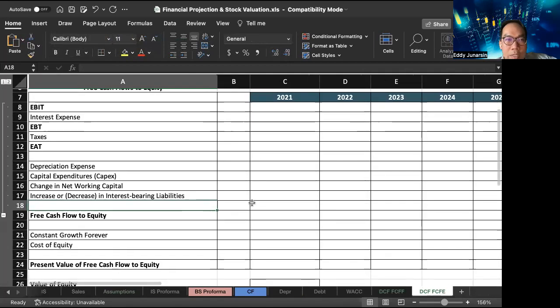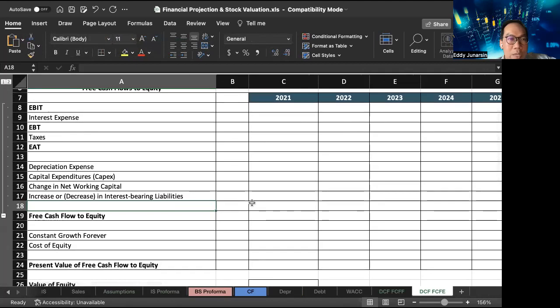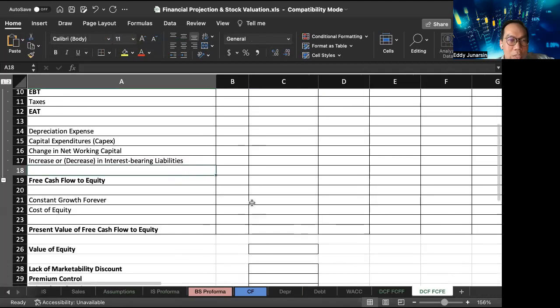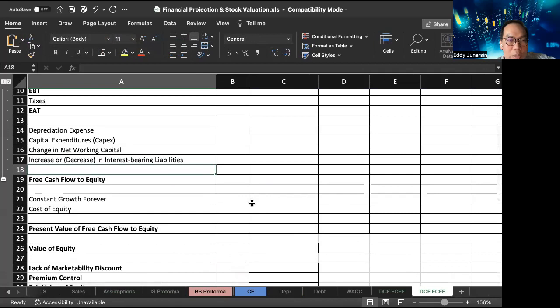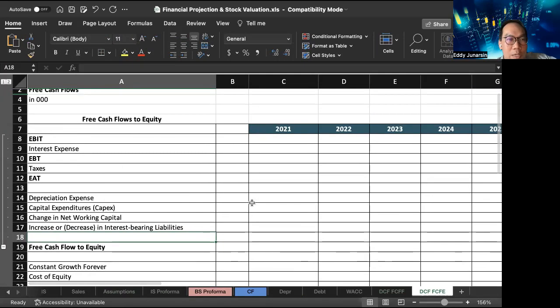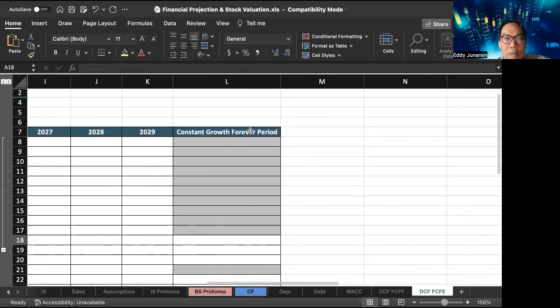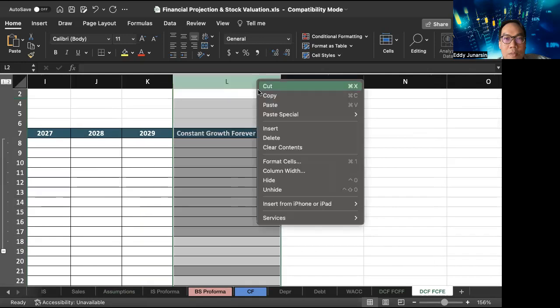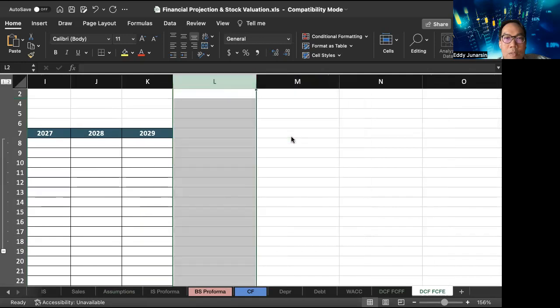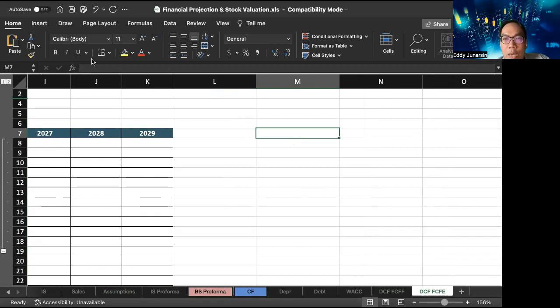Okay, and the other method is the free cash flow to equity. Free cash flow to equity holders. It's not exactly the same, but the principle is quite similar. But now we do it differently. So free cash flow to equity holders means we are estimating free cash flow directly available to equity holders.